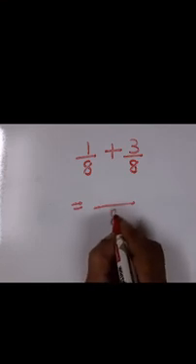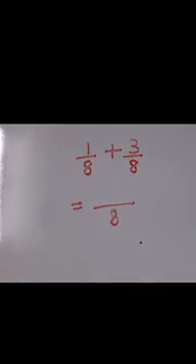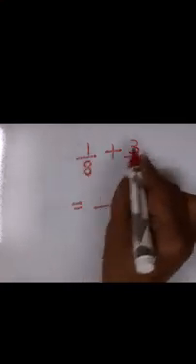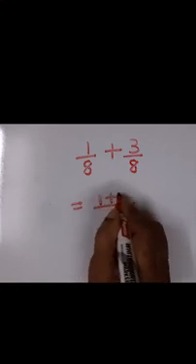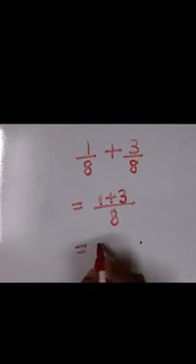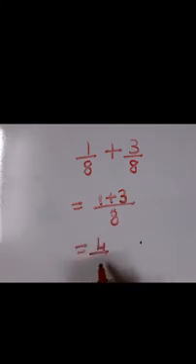So it will be 8. Then you have to add 1 and 3. First you add it here, children. Just don't add directly. Go step by step. So this will be 4 upon 8. 1 plus 3 is 4. 4 upon 8.